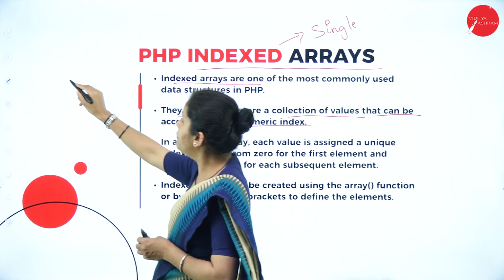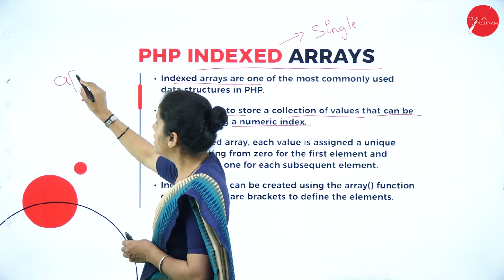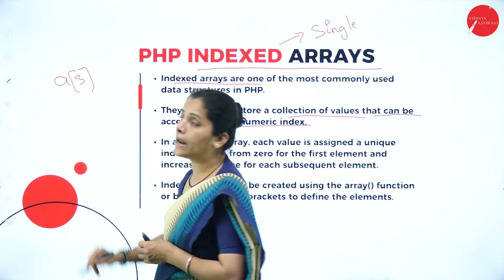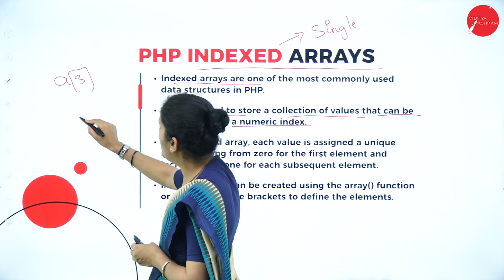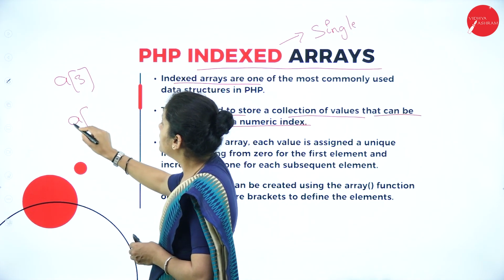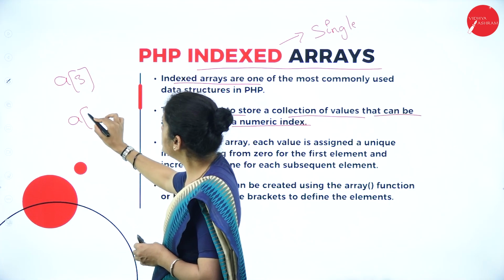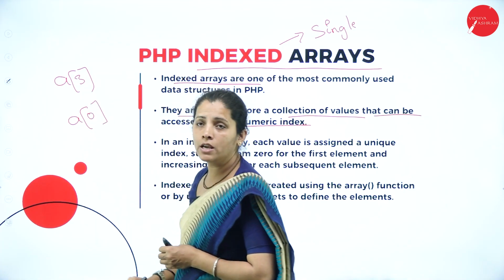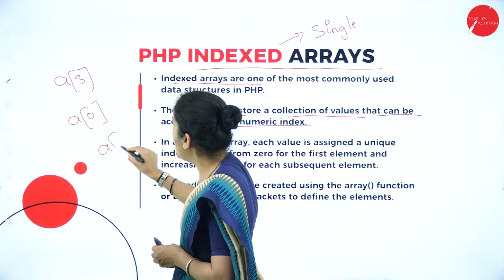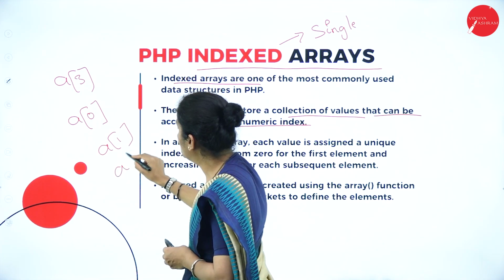For example, if I have the array, say, of size 3. What is the size of the array? It is 3. And what is the index? That is A. So first index always starts from 0. Then it is 1. Then it is 2.